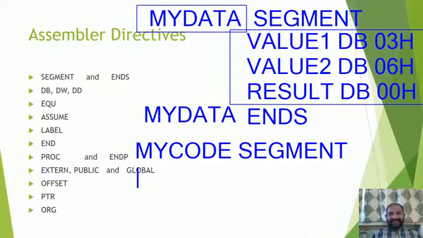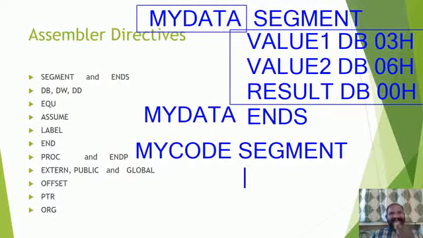After that, under the segment, whenever you are writing the actual program, the declaration of the variables is in the data segment, and writing the program should be in the code segment.